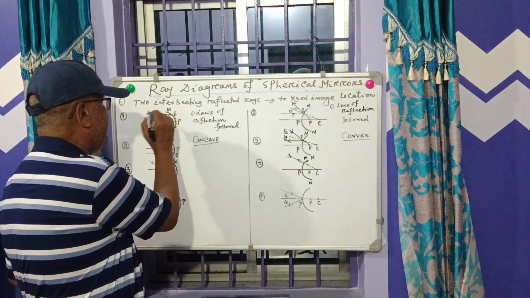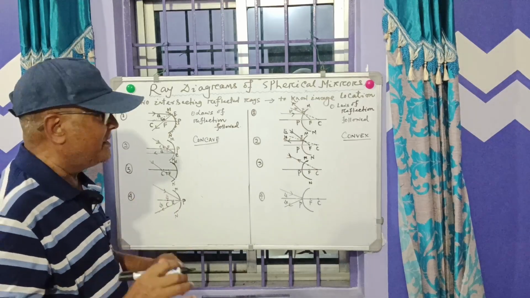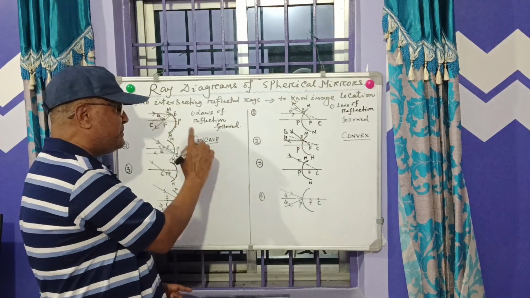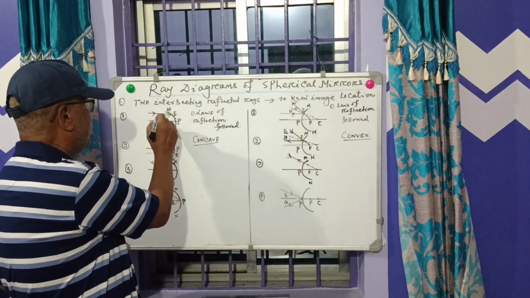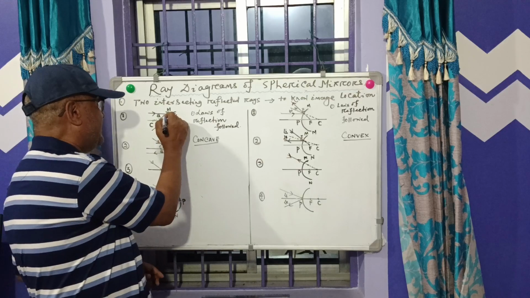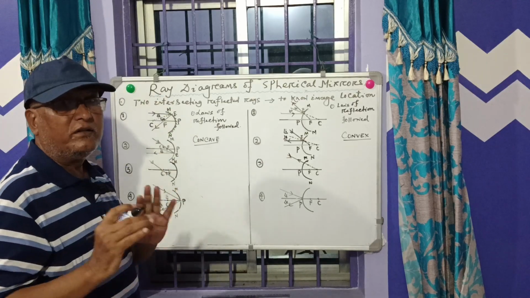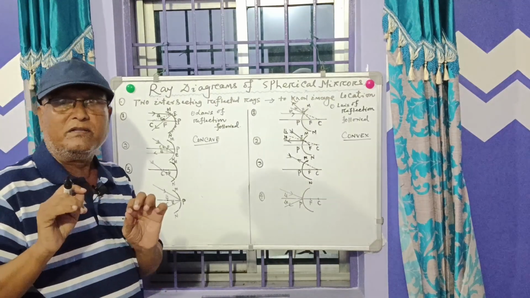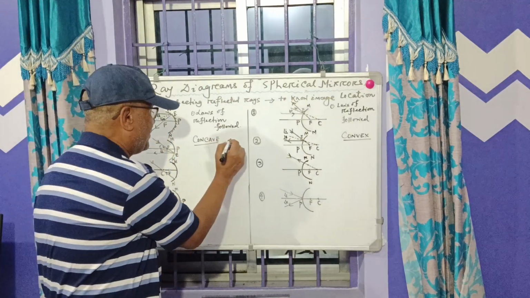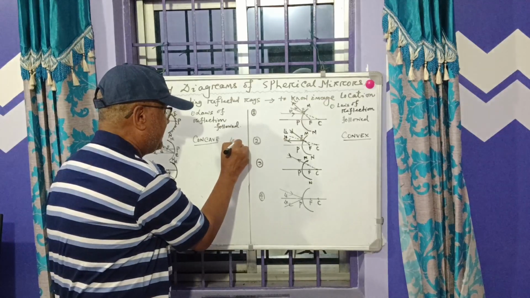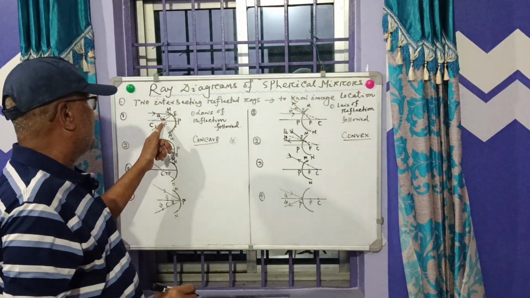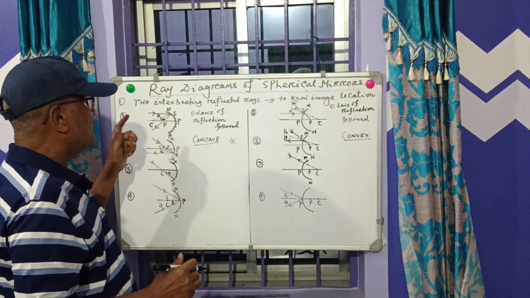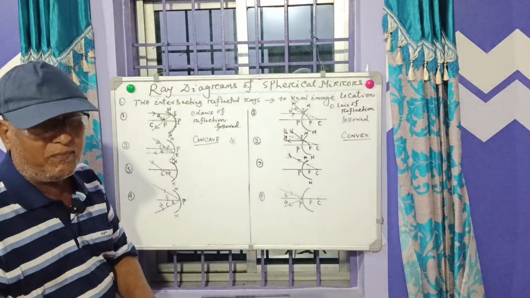Now CE is the normal to the point of incidence, and as per the laws of reflection, the angle formed between the incident ray and the normal is called angle of incidence, denoted by the symbol small i, angle I. And the angle formed by the reflected ray and the normal is called angle of reflection.